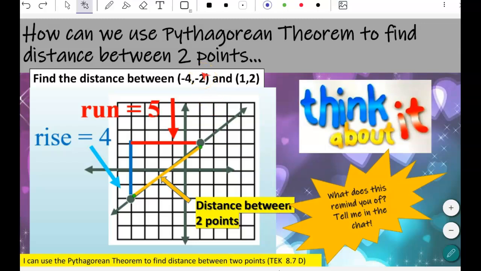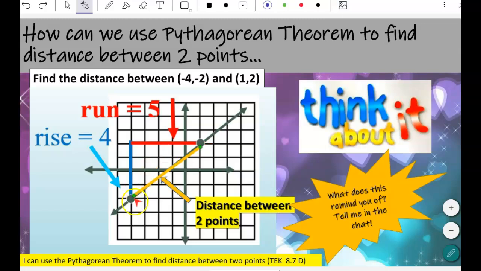So how do you use the Pythagorean theorem to find the distance between 2 points? If you had these 2 points here, you're looking for this distance here, you could actually draw in a right triangle here. And so this is a length of 4, and this is a length of 5.